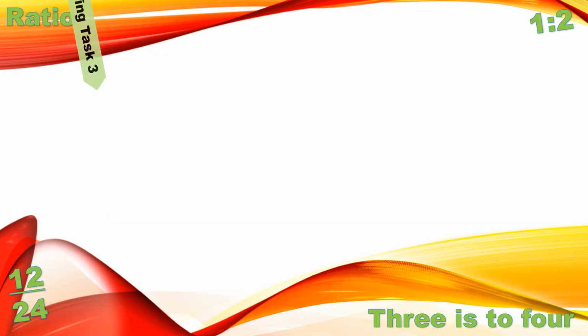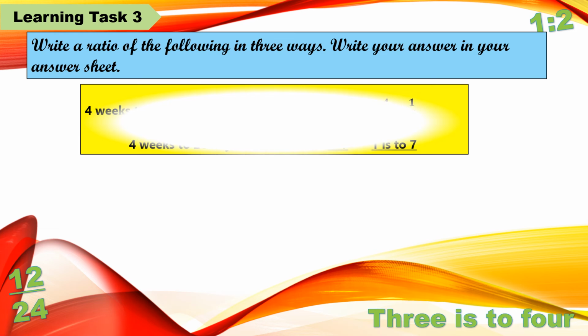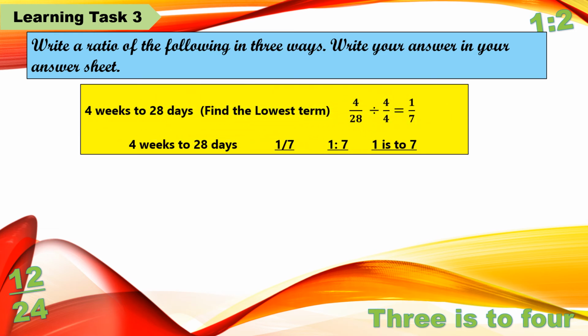Okay, let us see your learning task number 3. Write a ratio of the following in 3 ways. Write your answer in your answer sheet. So, this is the example. 4 weeks to 28 days. So, find the lowest term. The GCF of 4 and 28 is 4.